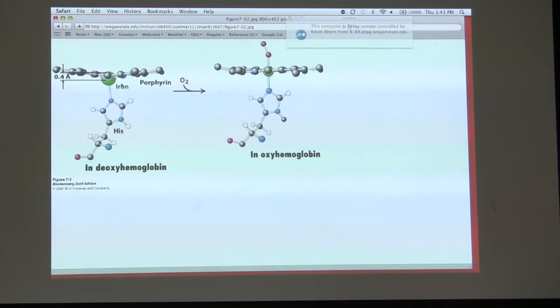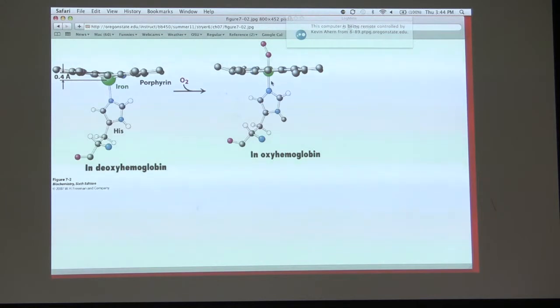That movement right there, 0.4 angstroms, that 0.4 angstrom movement is why you are alive. Life as an animal would not be possible without that movement. Now, I hope to convince you of why that's the case in just a little bit. That 0.4 angstrom movement is what allows you to be an animal and not a bacterium or a plant.